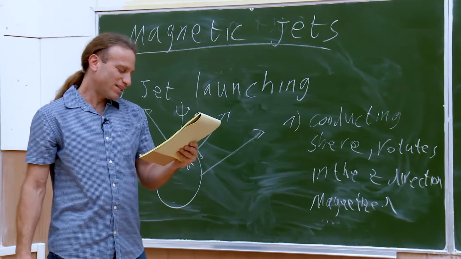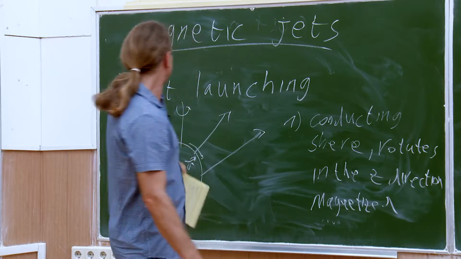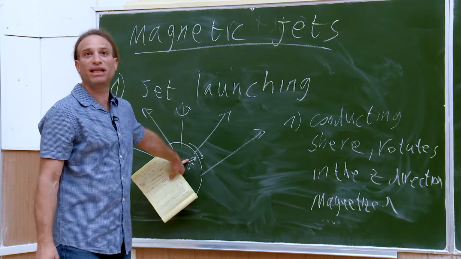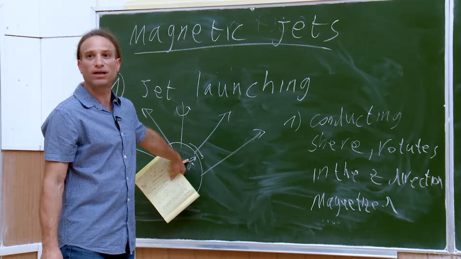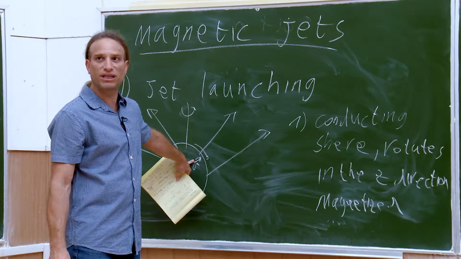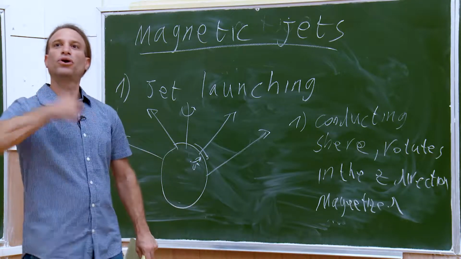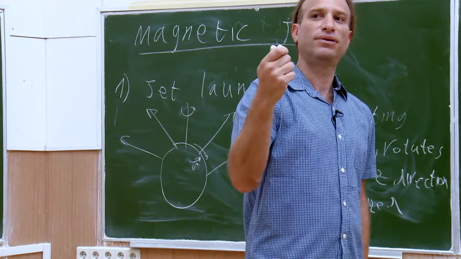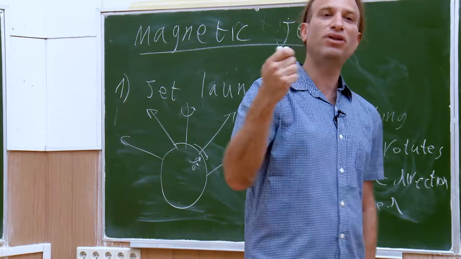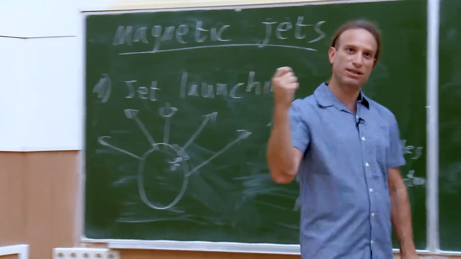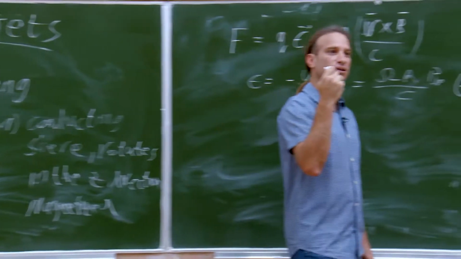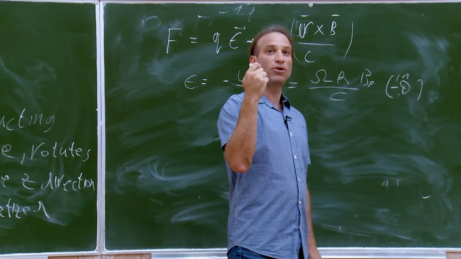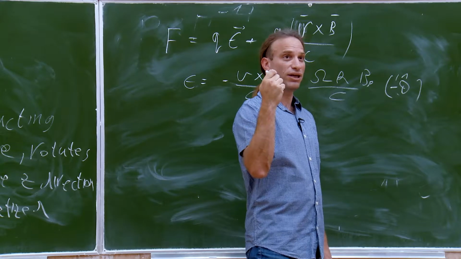Now let's assume that this sphere is infinitely conducting. So if this sphere is infinitely conducting, when it starts to rotate, what is it doing to the magnetic field? The magnetic fields are frozen to the surface, right?